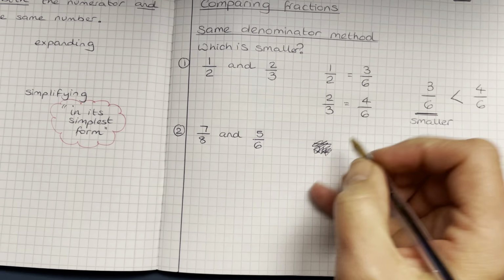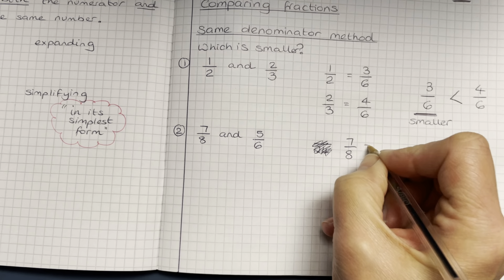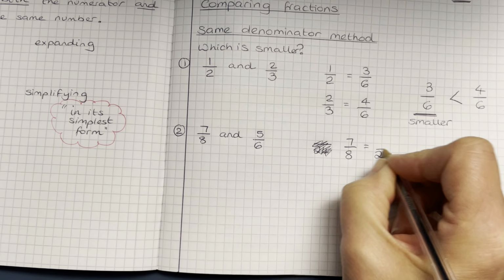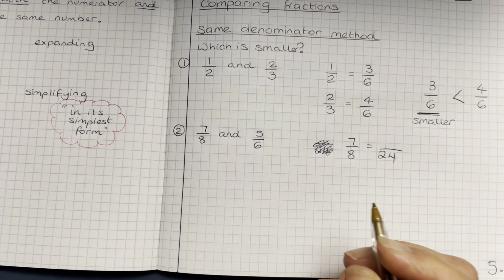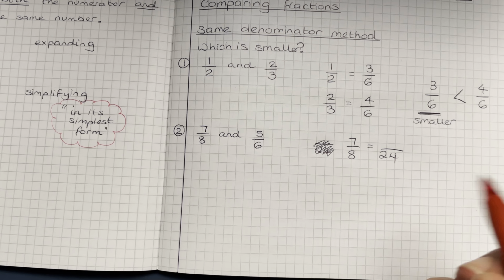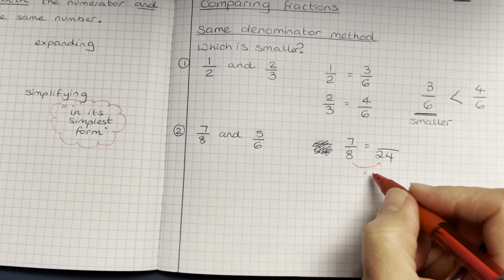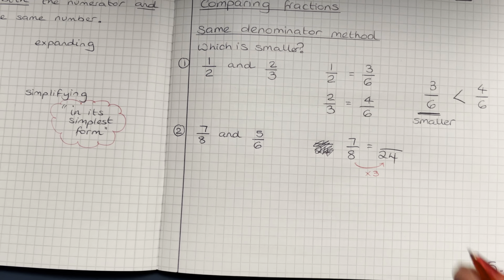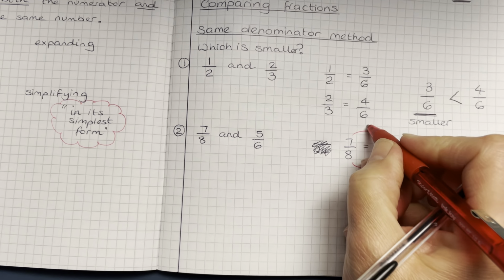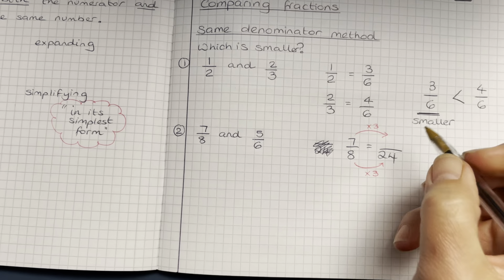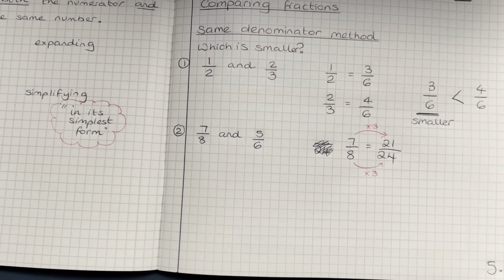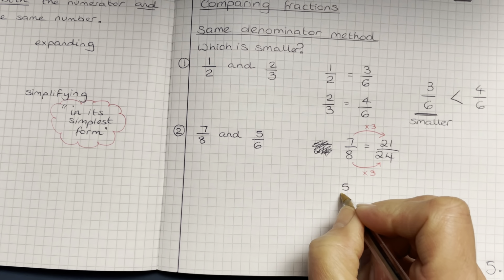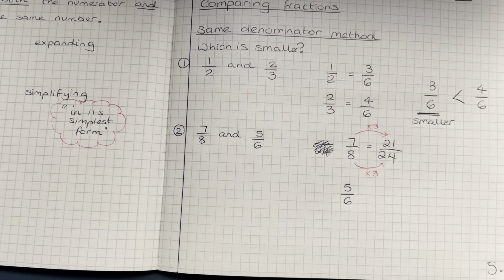Actually, let's write it so you can see. So 7/8 with a denominator of 24. I've had to multiply 8 by 3 to get to 24. So if I do exactly the same for the numerator, 7 multiplied by 3 gives me 21. Let's do the same again for 5/6. But remember, I'm not multiplying by 3 this time.